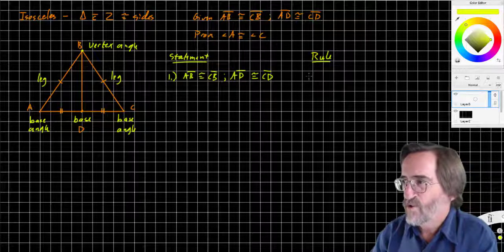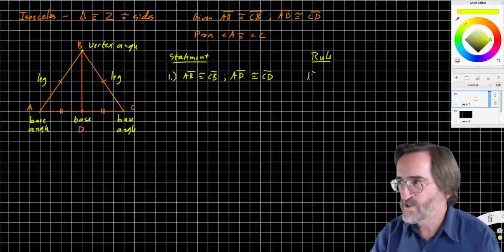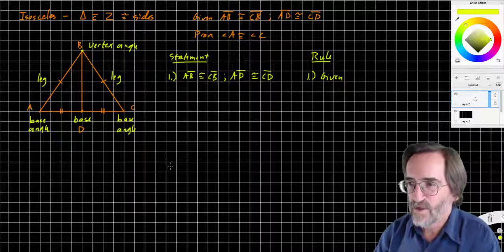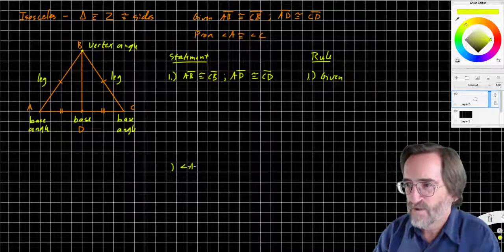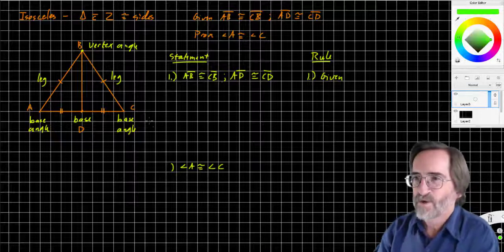How do we know? Statement 1 has reason 1, which is given, the only time we can assume in a proof. And we're going to end with, and I don't know what step number it is, angle A is congruent to angle C. That's when we know we're done. Okay, let's go ahead and do it here.